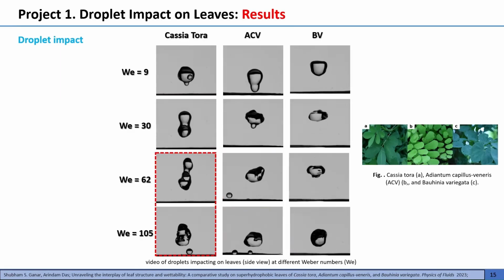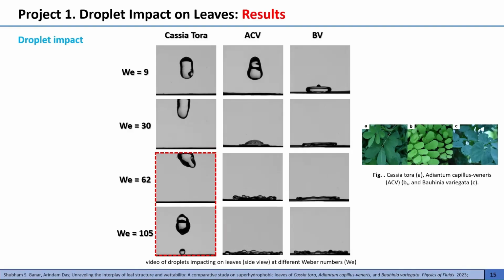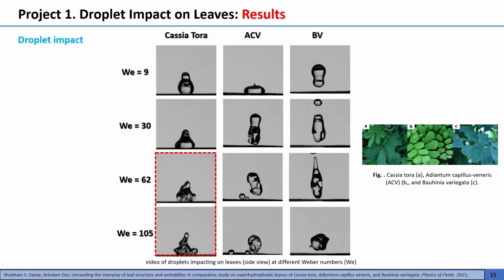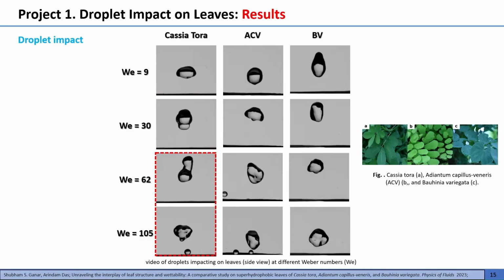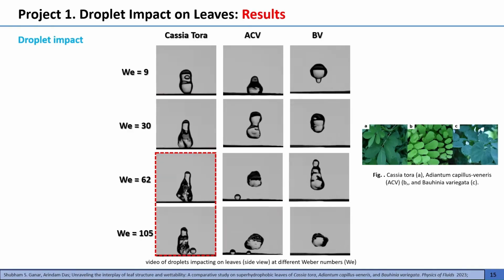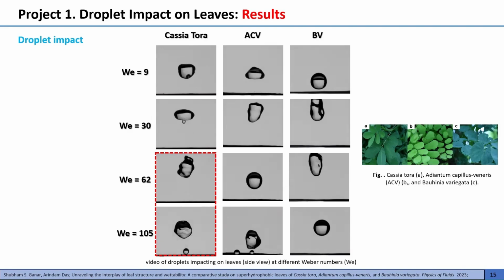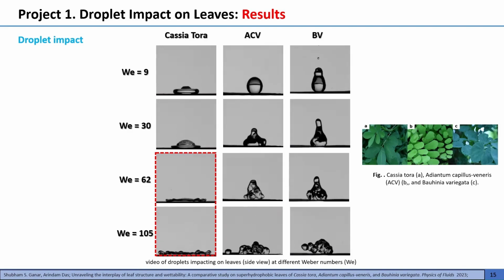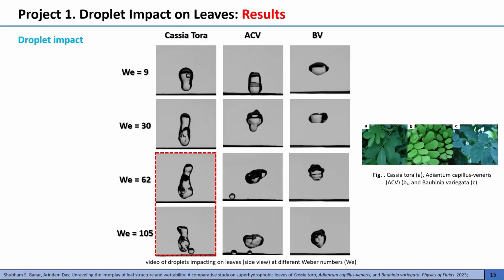We also calculated the rebound height from the surfaces for the Cassiodora and for the different leaves. It has been found that the rebound height of the Cassiodora at the lower Weber number is higher when compared to the Weber number of 105.